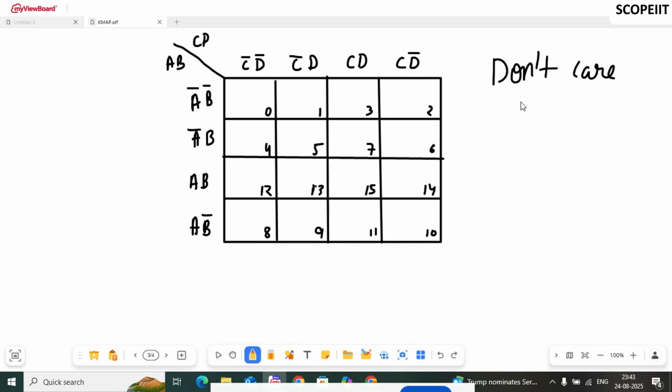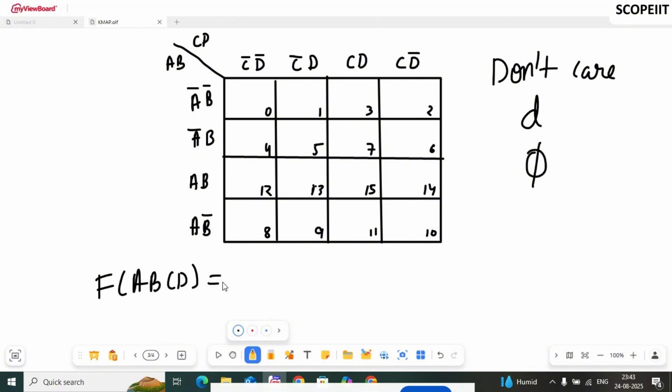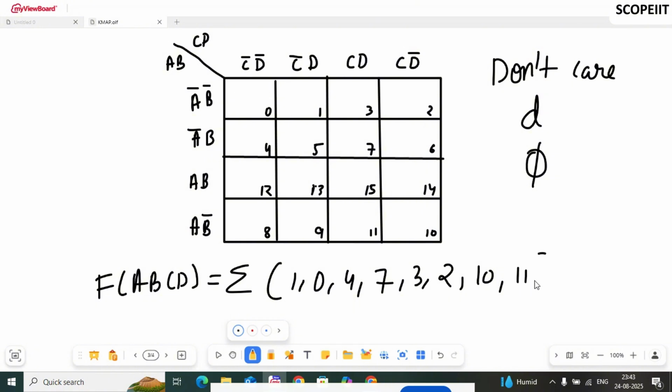And how they'll show the don't care? Don't care is represented as either small d, and sometimes they'll represent it as 5. Okay, so let us take one example of don't care. For example, we have a function ABCD. Okay, where sigma, that means sum of product only. Okay, now here for example I have a number as 1, 0, 4, 7, 3, 2, 10, 11.